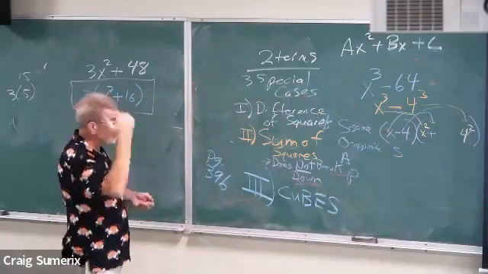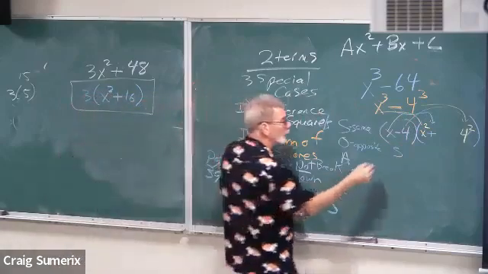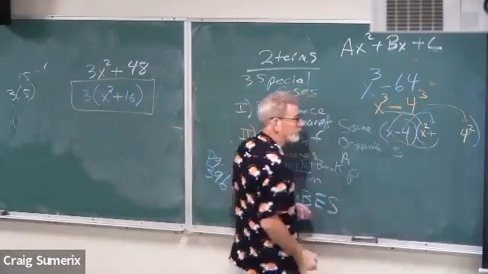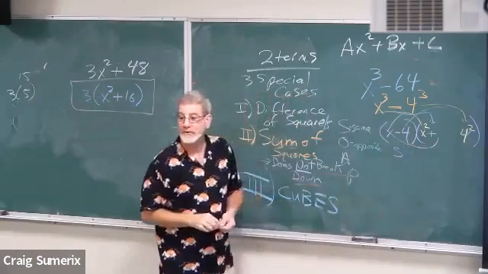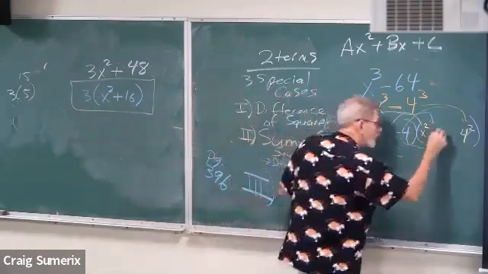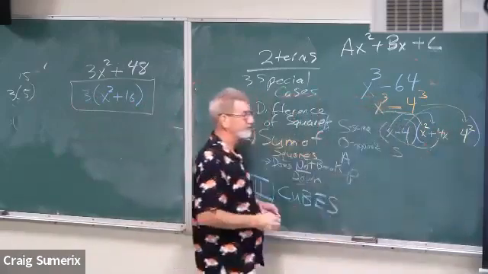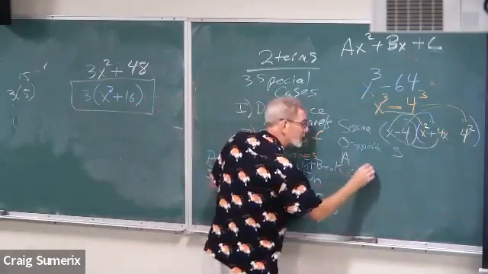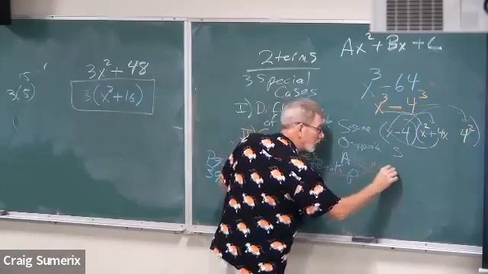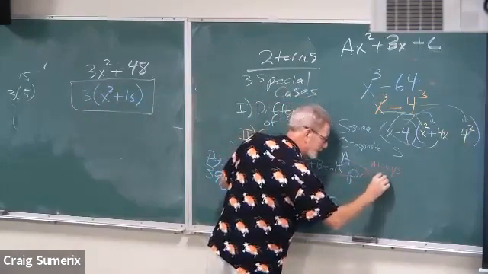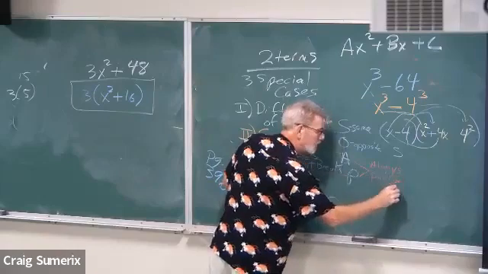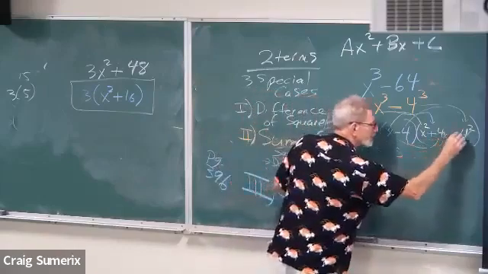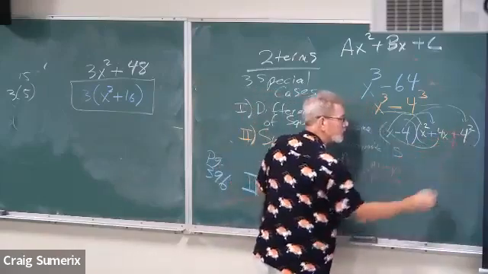And then what you do is you take these 2 and multiply them together to get that second term. 4 times x is 4x. AP stands for always positive. This is always plus.